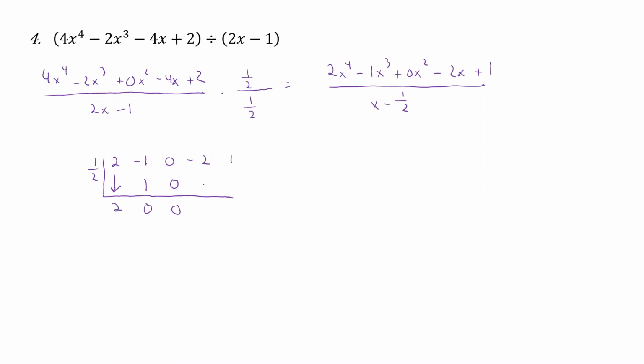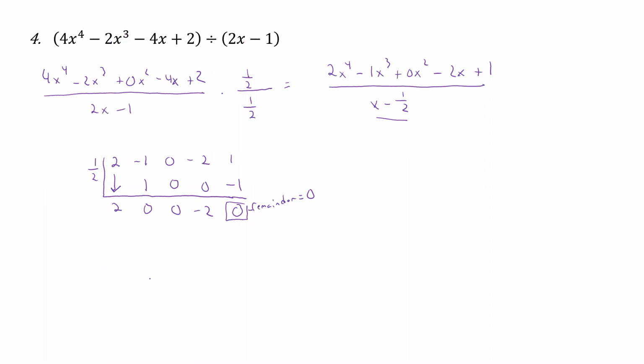Half times 0 is 0. And then minus 2 and that is minus 2. Half of that is going to be a minus 1. And when we add those, we get 0. So this time we get a remainder of 0, which is good because that means that this is actually a factor of this original equation. Or you could say this is a factor of this equation here, or this is a factor of this equation, depending on how you want to look at it.